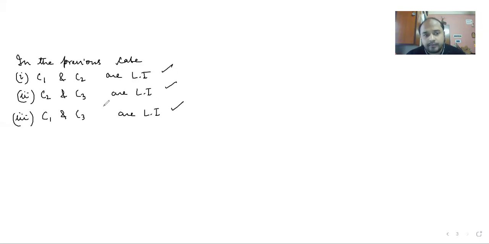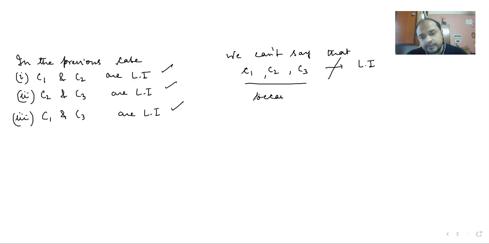Okay, but we cannot say that C1, C2, C3 taken together are linearly independent. It is not true, because C3 is actually a linear combination of C1 and C2.